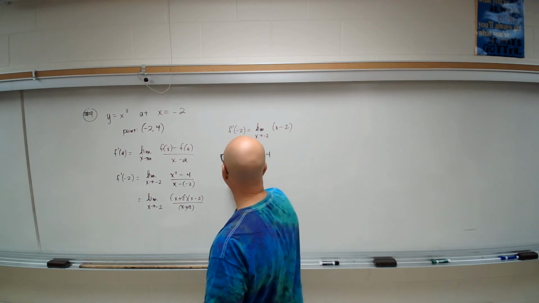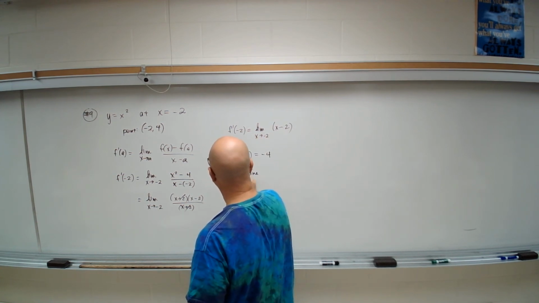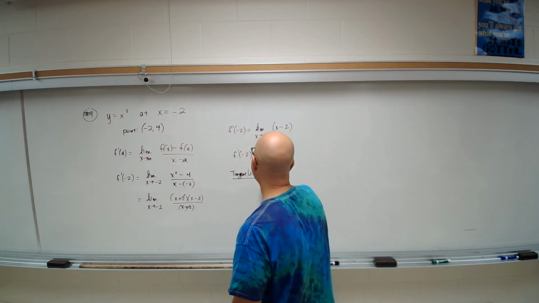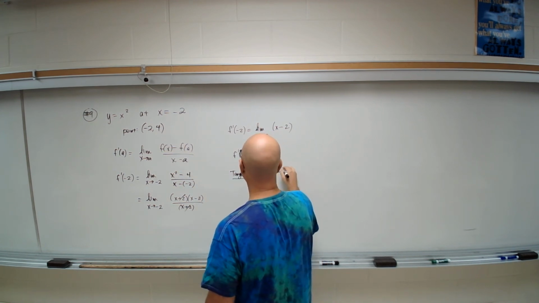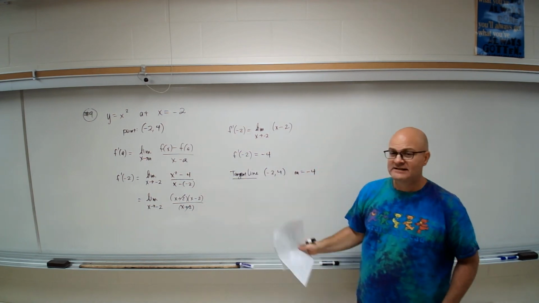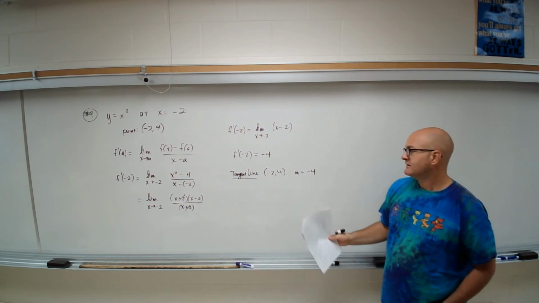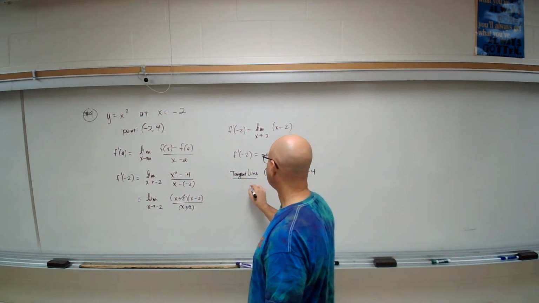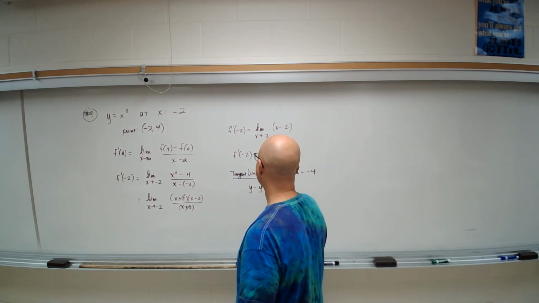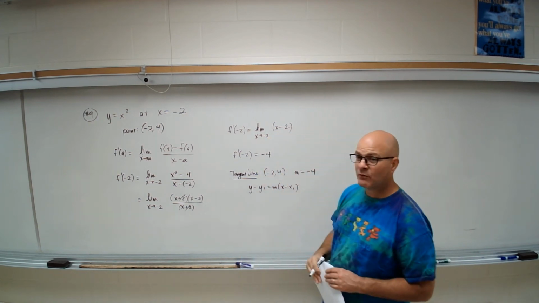So now that's going to be the slope of our tangent line, correct? So when I'm going to write the tangent line, we're still going to use the point on the graph, which was -2, 4. And then we're going to use a slope of -4, because that was the derivative of f at -2. So here our point slope form of a line, y minus y1 is m times x minus x1.